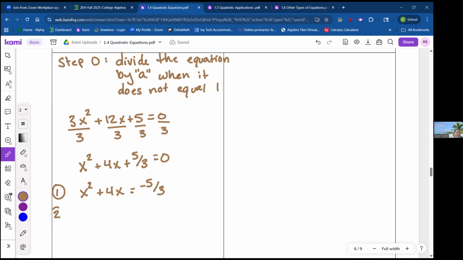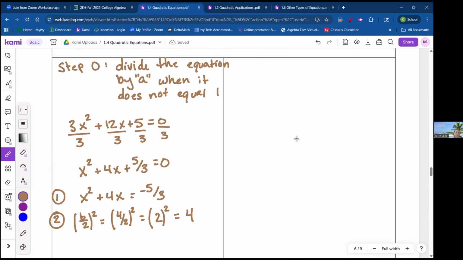Then we're going to do our b over 2 squared, b divided by 2 squared, which is 4 divided by 2 squared. And 4 divided by 2 is 2. We're going to square that, and 2 squared is 4. Then we're going to add 4 to both sides.